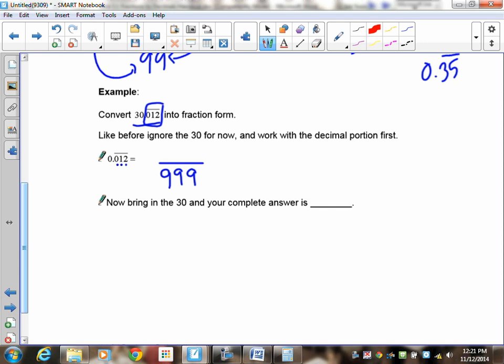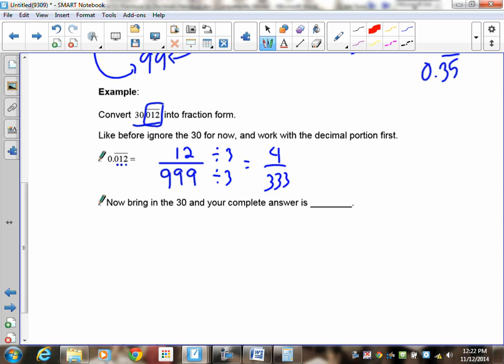If it's not a repeating decimal, then you have to use 10, 100, or 1,000. All right? Now 0, 1, 2, if you want to put 0, 1, 2 down, you can. Remember that a 0 that's in front of a number doesn't change anything, so it can disappear, leaving you with just 12. So now you have to reduce 12 over 999. And they're both divisible by 3, actually. So that gives you 4 over 333.